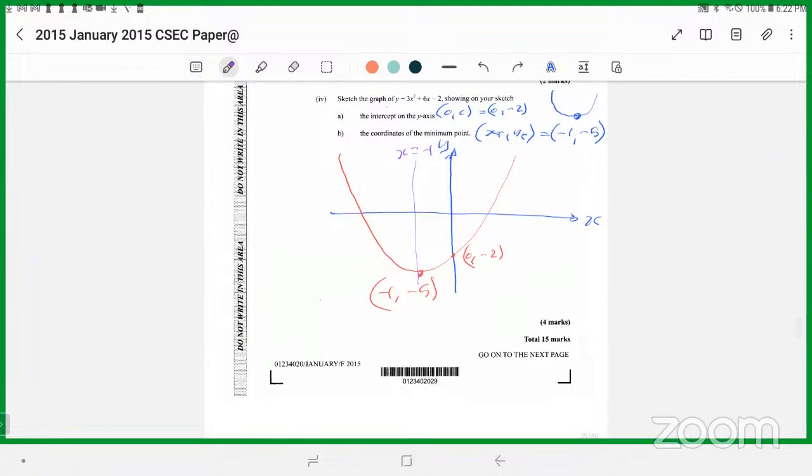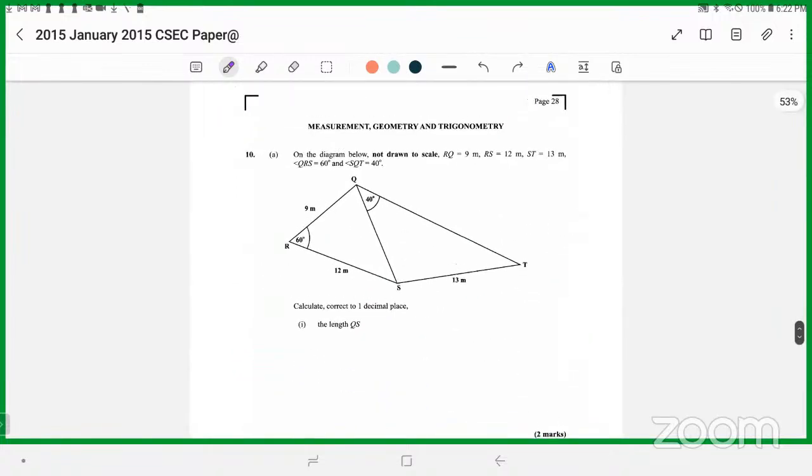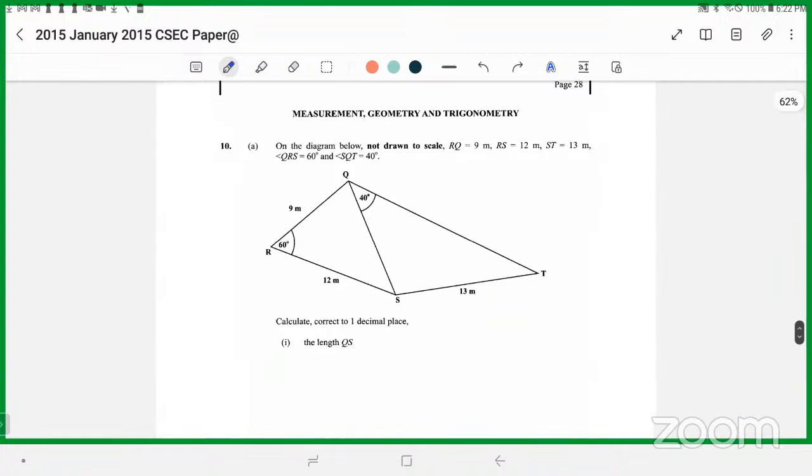All right, beautiful. Then we come to this question, which is our trig question, sine rule and cosine rule. Once in Section 2, that's what you'll have to use. We're going to read the information up here to see if everything they're saying is on the diagram. Anything that's not on the diagram, we're going to put on the diagram.